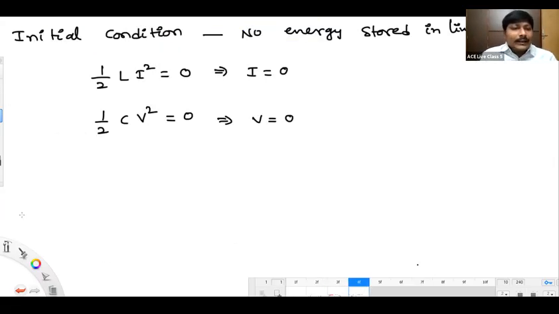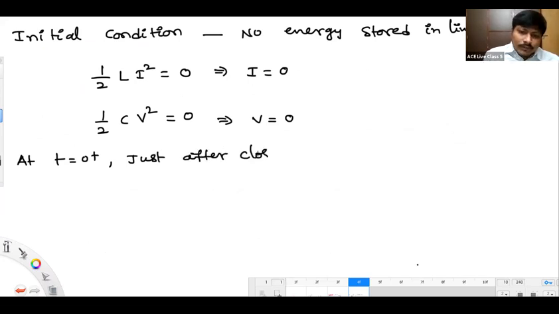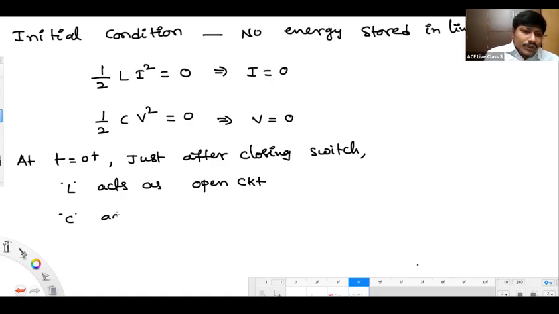So I can write here: at time t equals 0 plus, just after closing the switch, the inductor acts as an open circuit, and the capacitor acts as a short circuit.